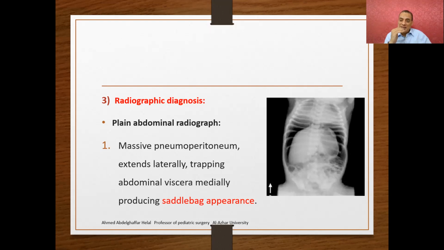We know the saddle is related to the horse; it is what you put on the back of the horse before you can ride it. So there will be a saddlebag appearance. Massive pneumoperitoneum, extending laterally, trapping the abdominal viscera medially. A very characteristic X-ray of gastric perforation. In most cases, the stomach is not visualized. In some cases, we can see the air outside the stomach.